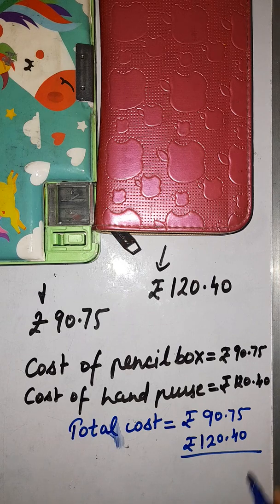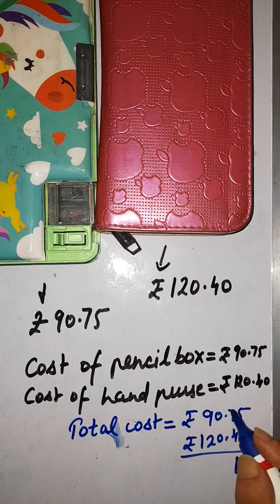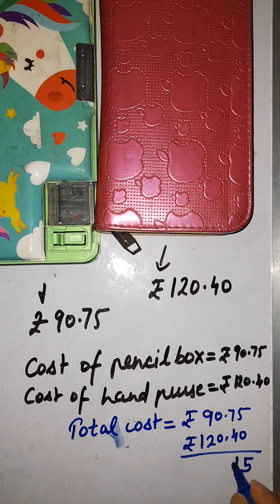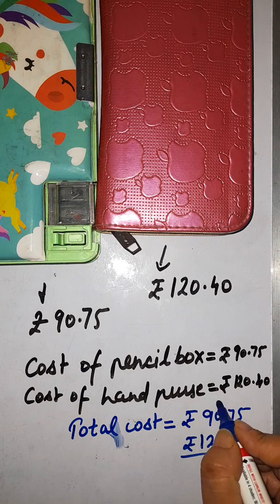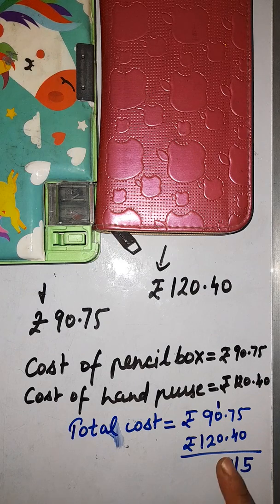Now we'll add 5 plus 0, 5, 7 plus 4, 11. So these are in the paise column, so we'll write here only two digits, and this one is 11. So we'll not write here 11. This one will go to this rupees column. So just erase this one, and here 1 plus 0, 1.